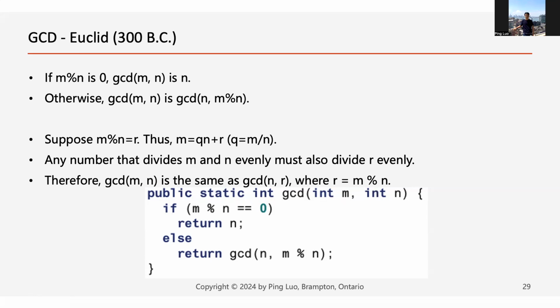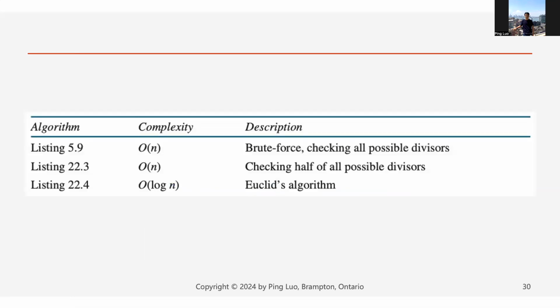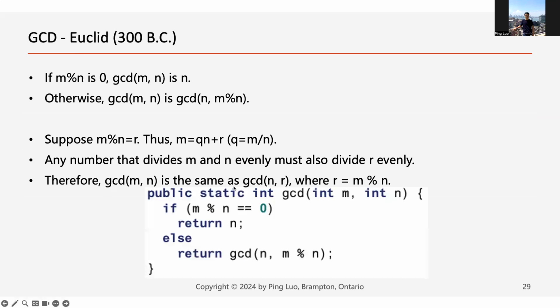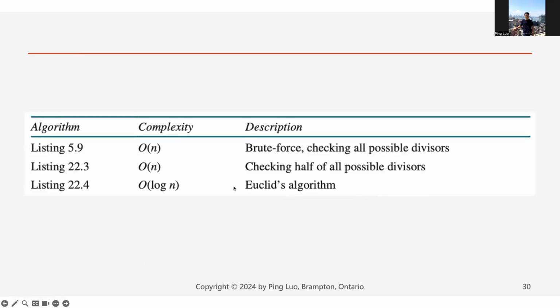So when we discuss this example, you can see the brute force approach, checking every possible situation, has complexity O(n), and checking half of the numbers is still very good, but the complexity is still O(n). But this one is even quicker, it's log(n).